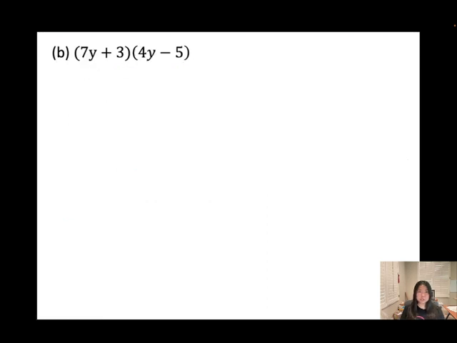Okay, try to do the B. Okay, check your work: distribute one by one, and then combine the like terms.